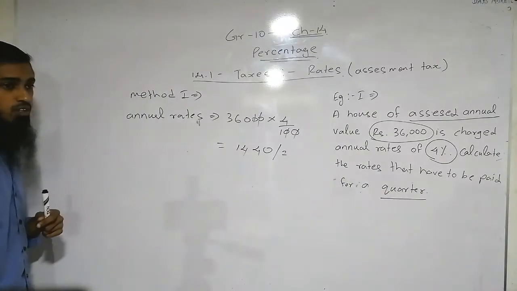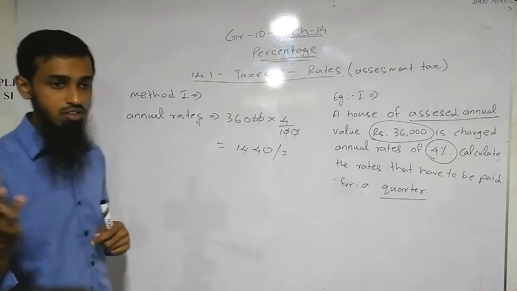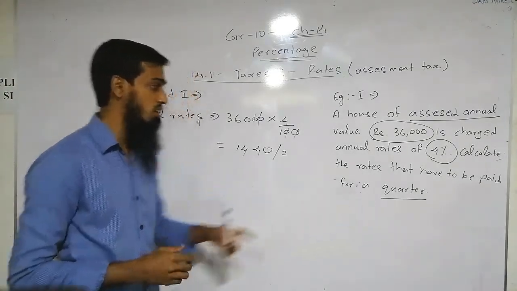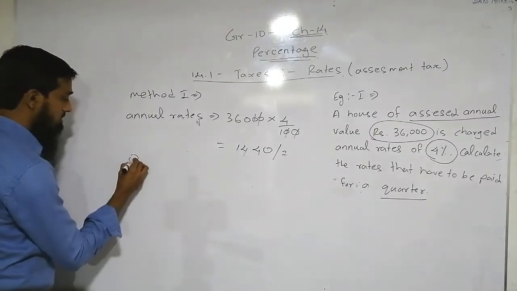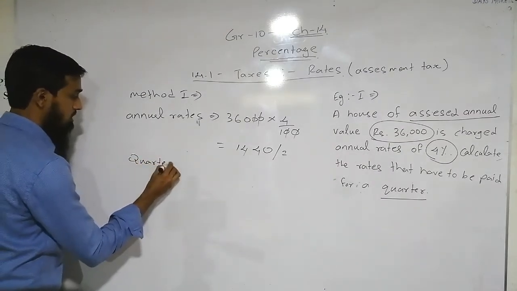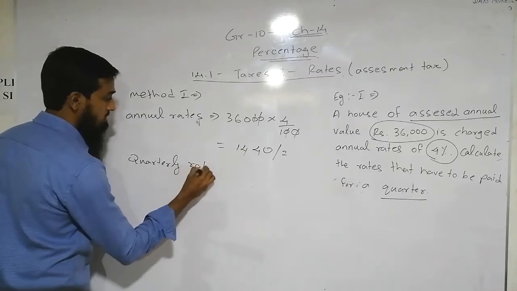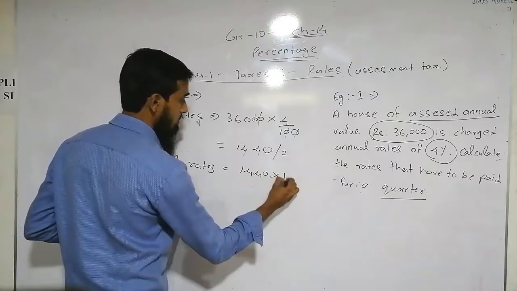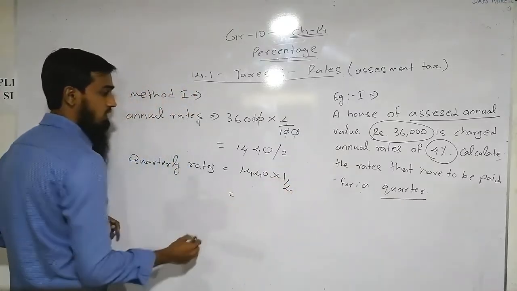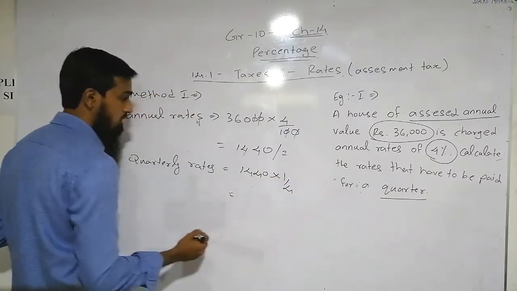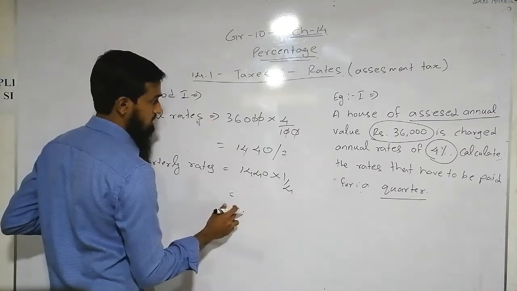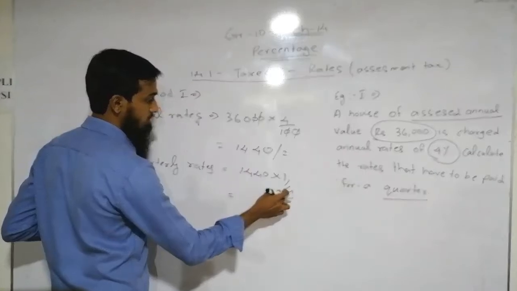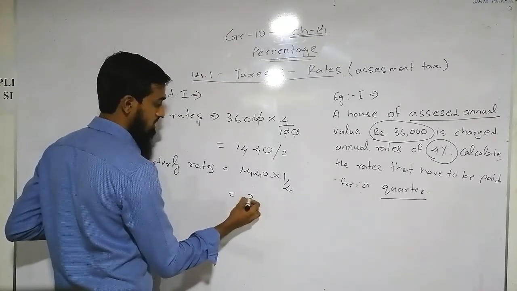So what are they asking? The quarterly payment. So you have to divide into 4 portions. One of the 4 portions is a quarter. So the quarterly rates is 1/4 of 1,440. Okay. So if we divide by 4, 14 divided by 4, that is 3 times.